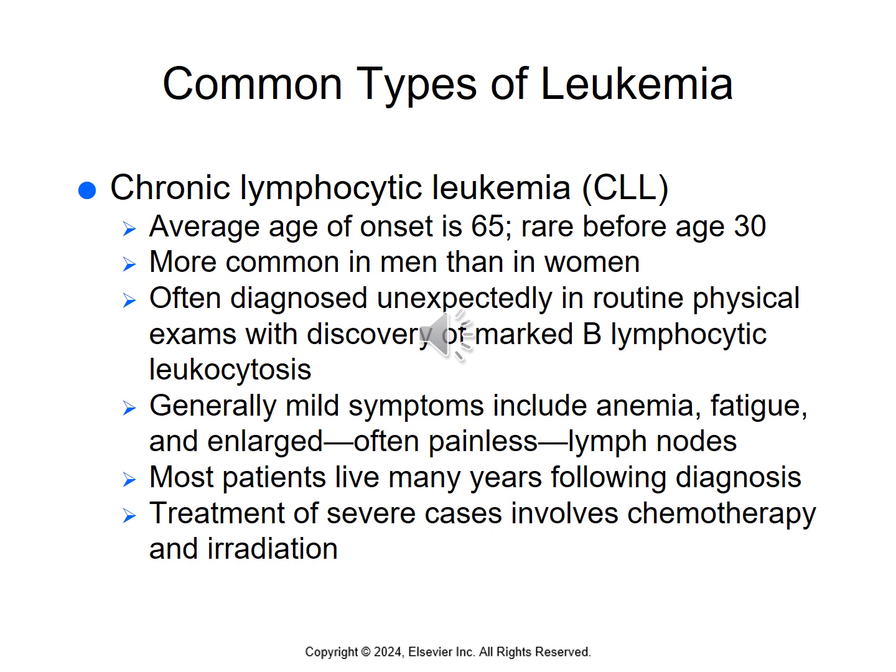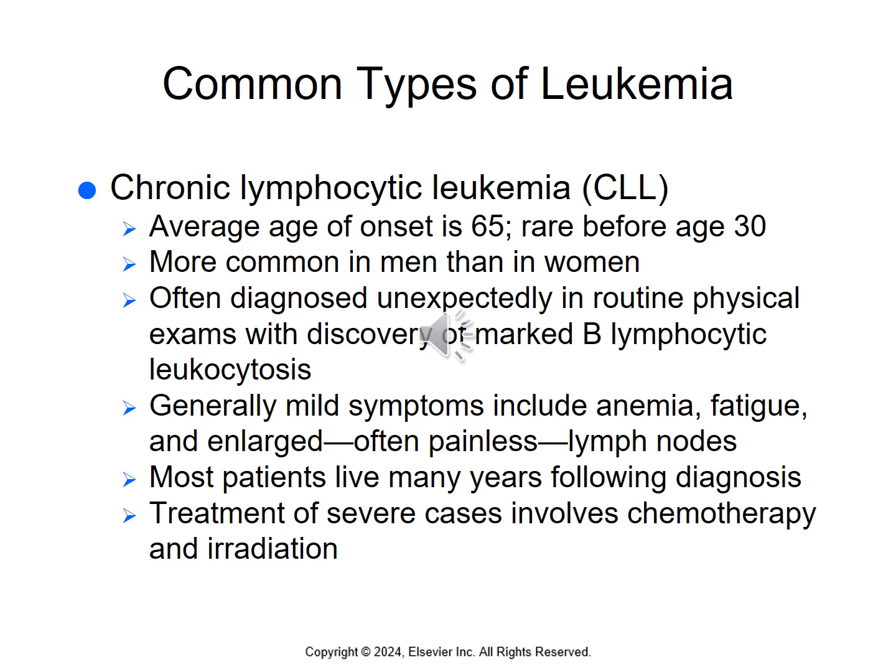The average age of onset is 65, rare before age 30, more common in men than women, often diagnosed unexpectedly in a routine physical exam with the discovery of marked B lymphocyte or leukocytosis. Generally, mild symptoms include anemia, fatigue, and enlarged, often painless lymph nodes.